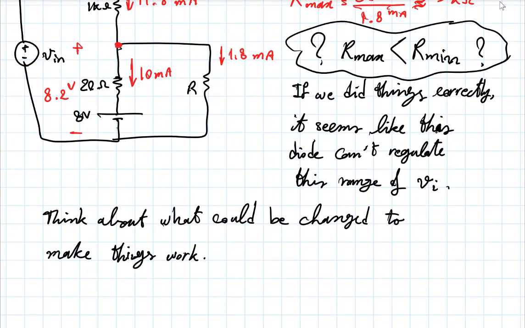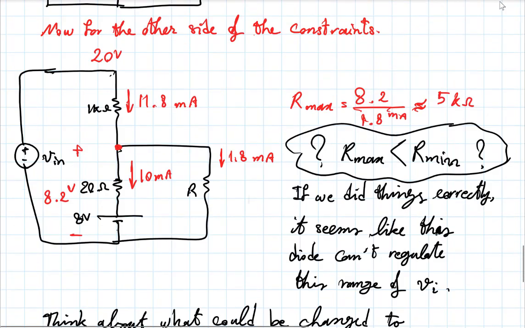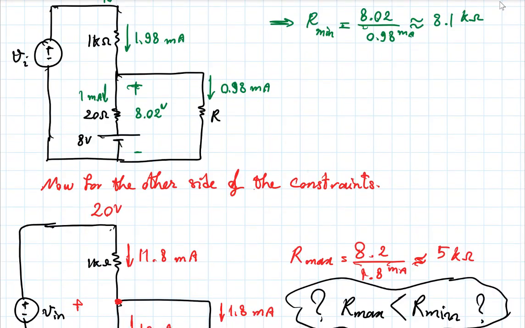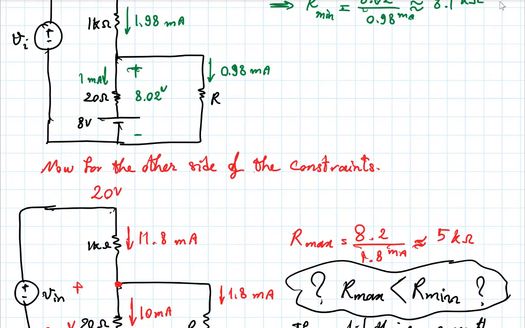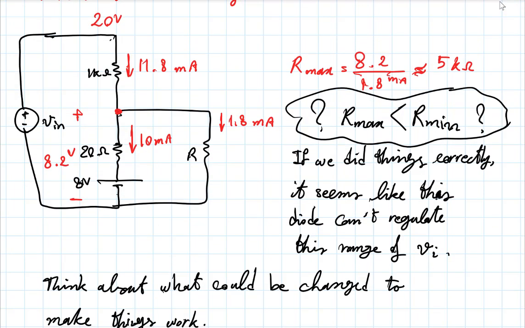I want you guys to verify my numbers and think about whether something went wrong. Think about the two limits and how things would change if I went beyond any of these limits with the resistor, and if I was in between, right? So just verify my numbers. And then if indeed there is a problem, if we didn't make a mistake here, then think about how you would fix it. All right? Leave it at that.